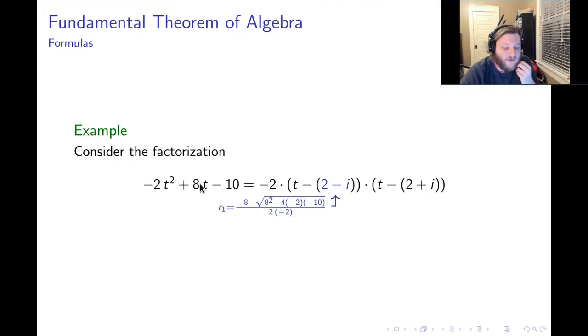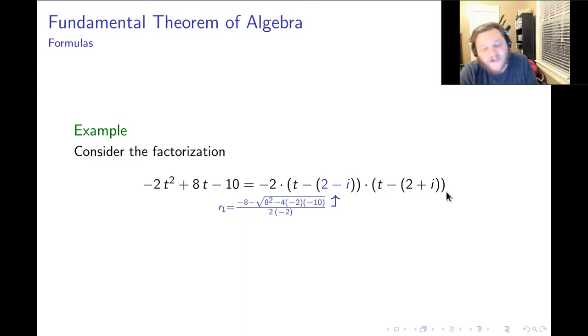Well, if we apply the quadratic formula, we get two roots. The first one should be negative b, so negative 8, minus the square root of b squared, so 8 squared, minus 4 times a, which is negative 2, times c, which is negative 10, all divided by 2a, so 2 times negative 2. And when we simplify this root, we end up with 2 minus i.